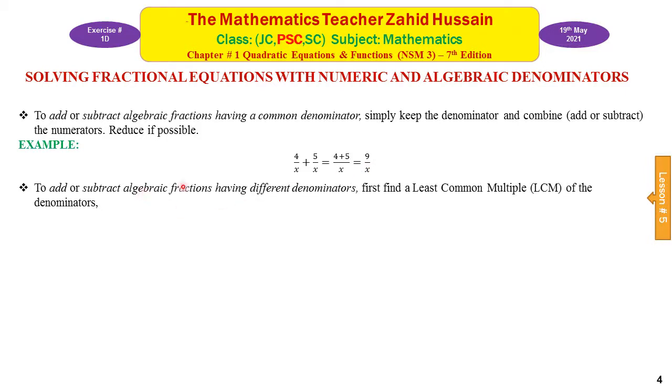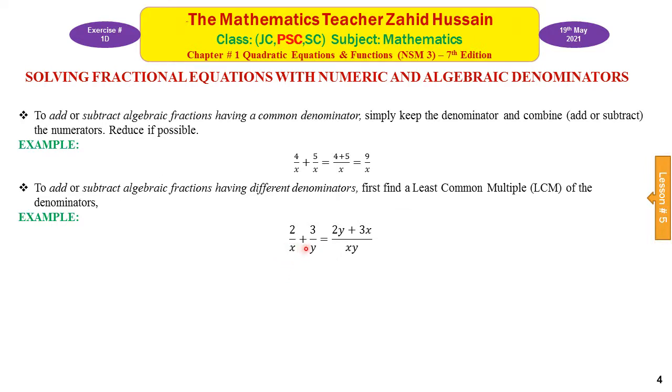And if there are different fractions having different denominators, then we will first find the least common multiple. For different denominators we have to find the LCM of the denominators, and then we will solve it further. This is an example. Look, the denominators of the two fractions are different.